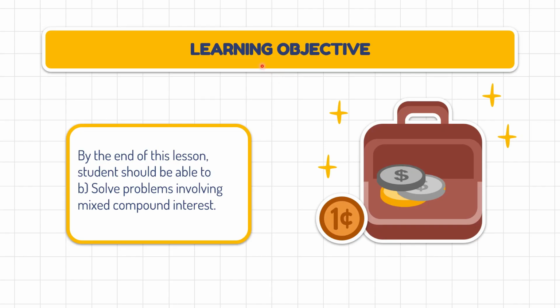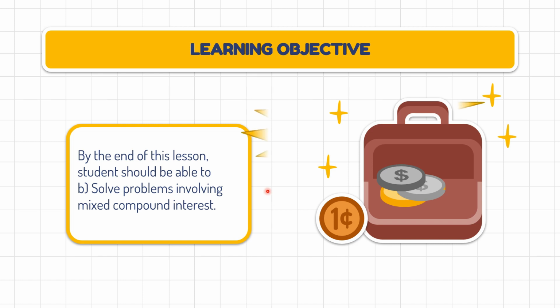The learning objective for this lecture is, by the end of this lesson, students should be able to solve problems involving mixed compound interest. In one question there will be two different cases.